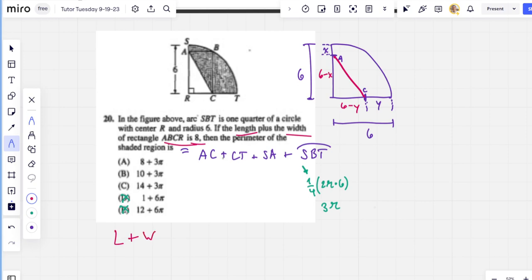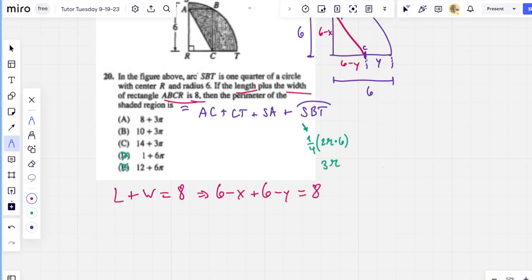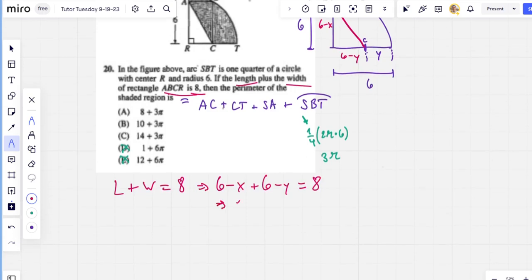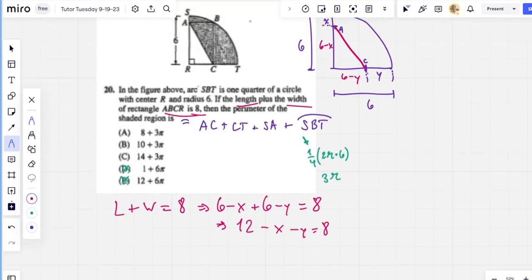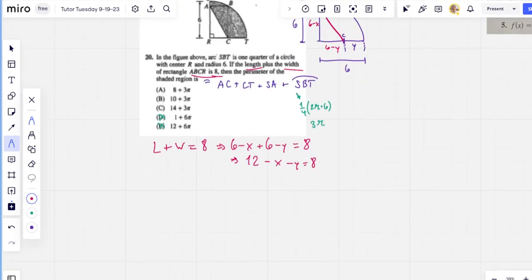Length plus width equals 8 tells us 6 minus x plus 6 minus y equals 8. That tells us that 12 minus x minus y equals 8, which means I'm going to move the x and y onto the other side, and subtract the 8 to get 4 equals x plus y.